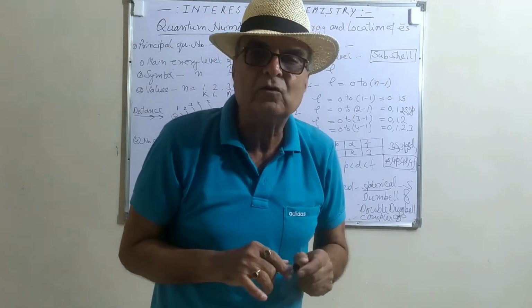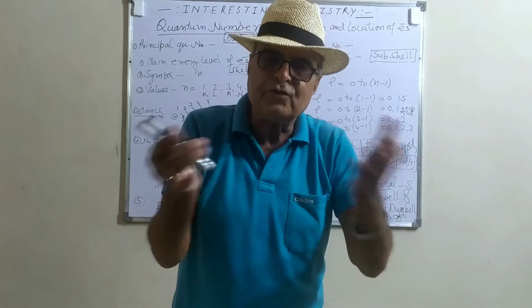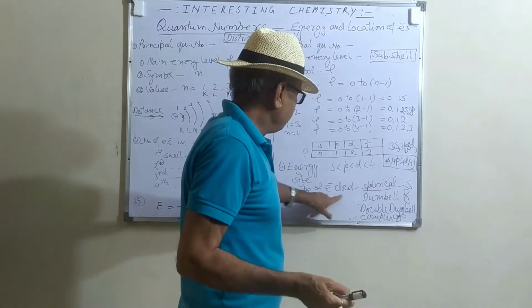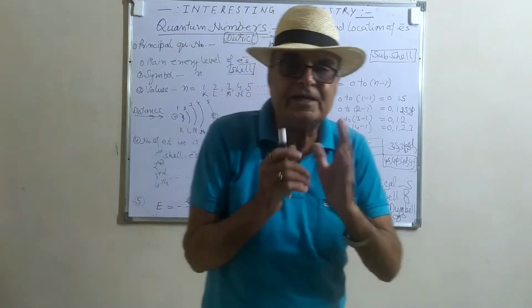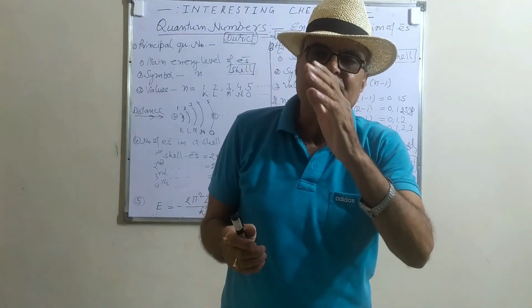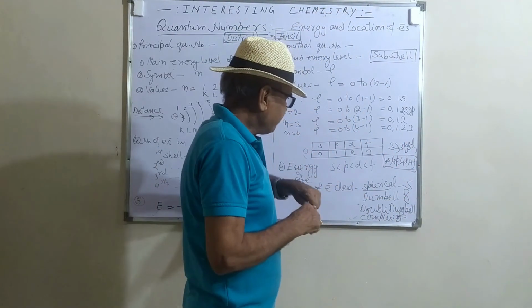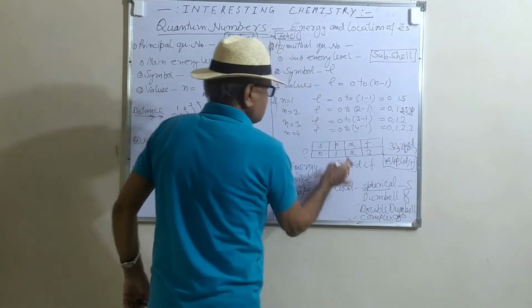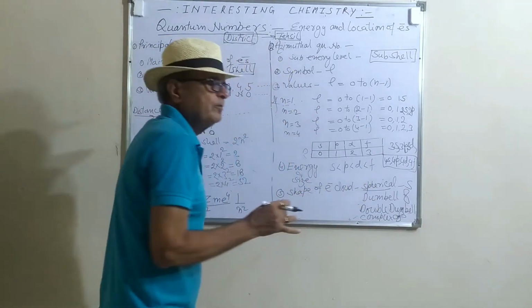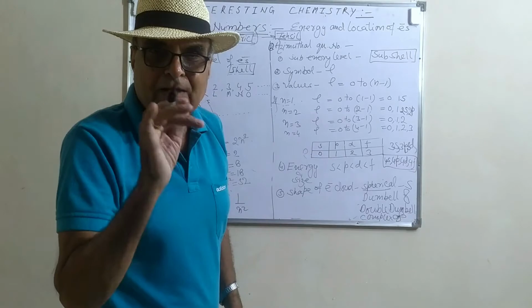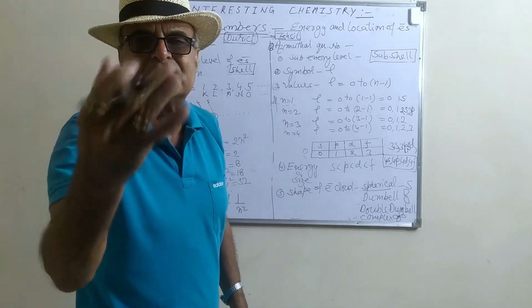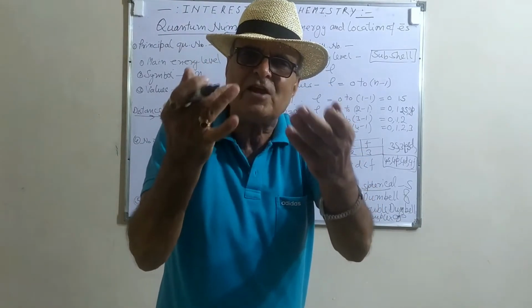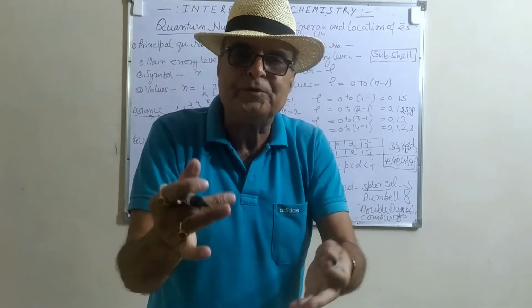This is another topic I will tell you in a different video, about the shape of these clouds. So here again I am telling you, the shape of s is spherical, but the size of s will increase according to the increasing number of orbits.